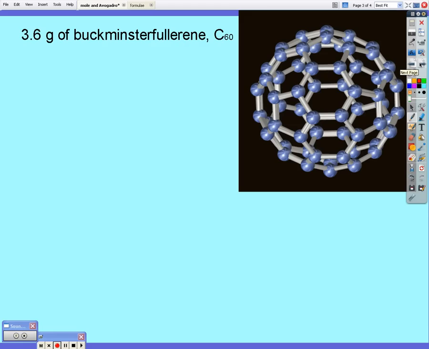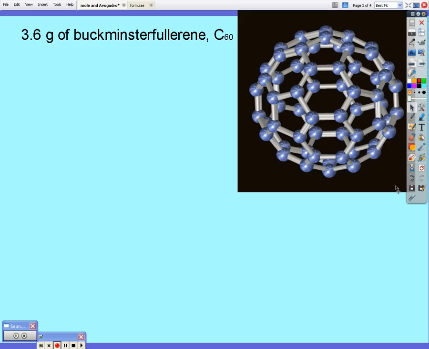Okay, moving on. Here's an interesting question. A question about Buckminster fullerene, that football-shaped molecule. It's a little bit lopsided there. It should be spherical. But anyway, I'm told here that I've got 3.6 grams of Buckminster fullerene. Carbon, if you look at your periodic table, has a relative atomic mass of 12.